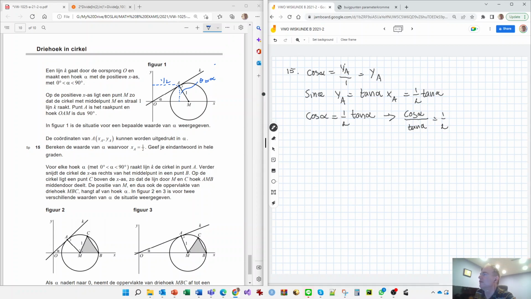And that means cosine of alpha divided by the sine, and again divided by the cosine of alpha, has to be equal to 1/2. So cosine squared alpha divided by sine alpha is 1/2.